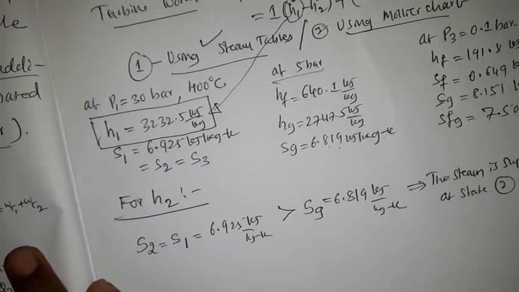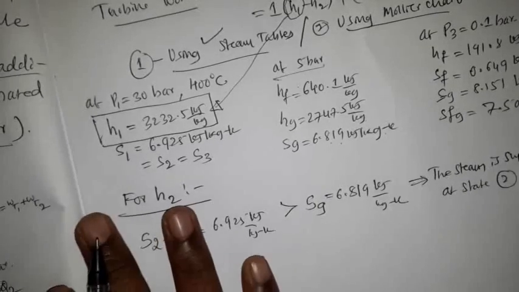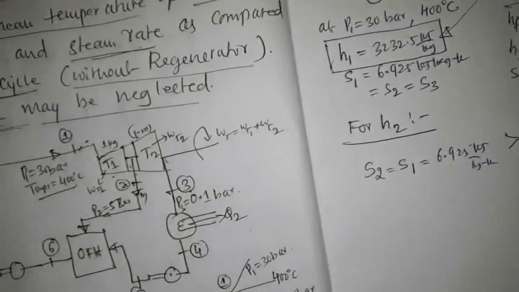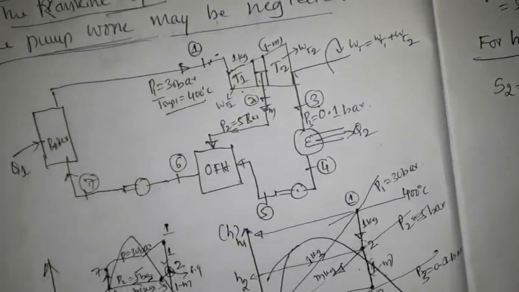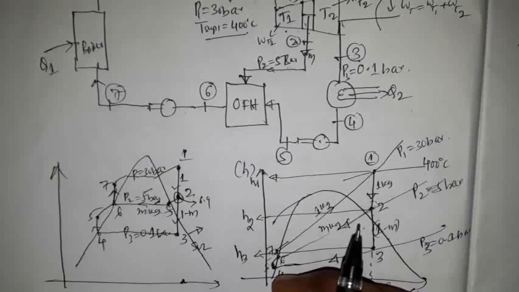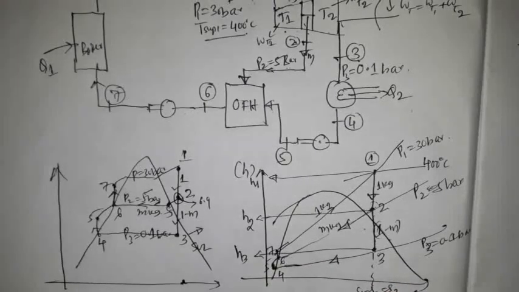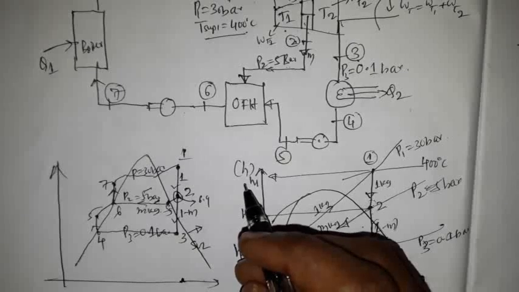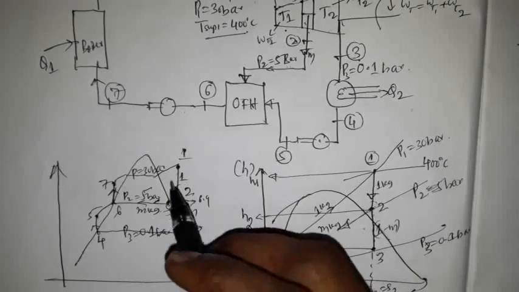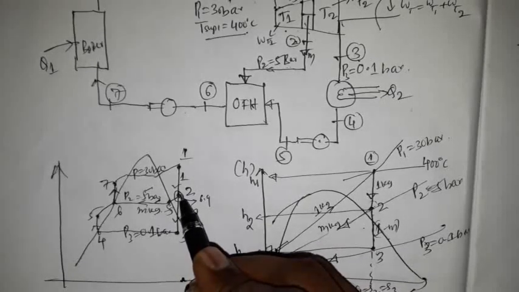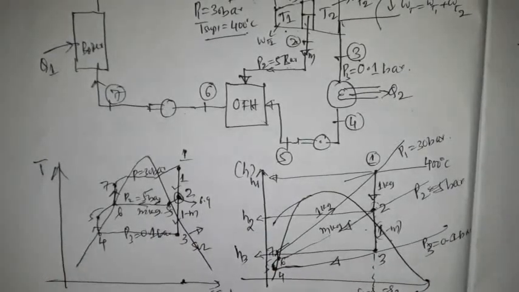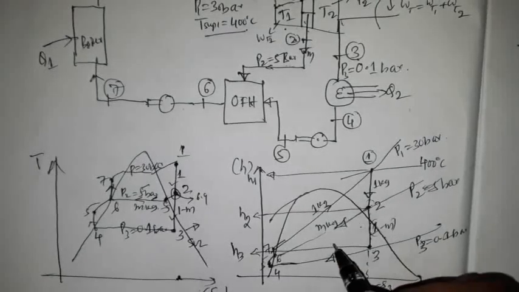Since the steam is superheated at state 2, I have to apply the formula to calculate the enthalpy at state 2 using the above properties. On the TS diagram we have entropy values and temperature values and a few enthalpy values from the steam table. So we have to calculate the enthalpy at state 2. State 2 is a superheated state.